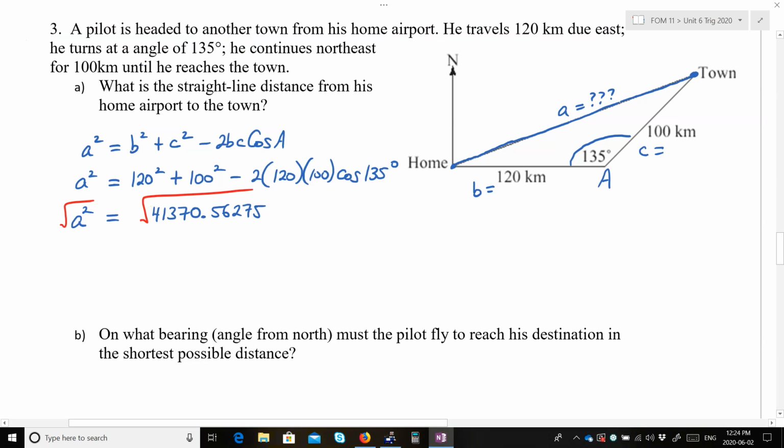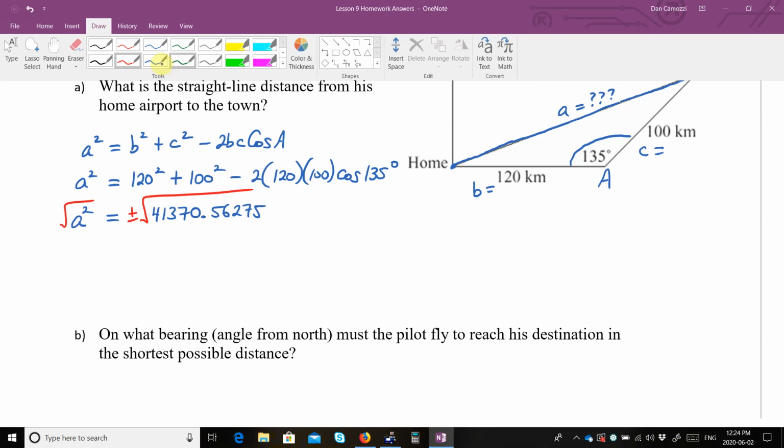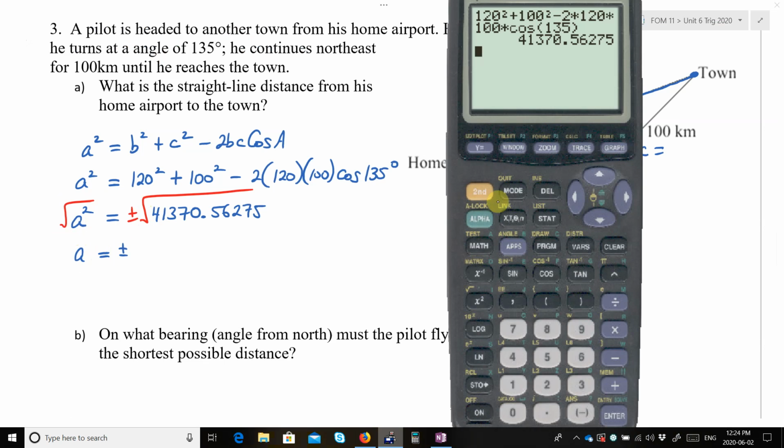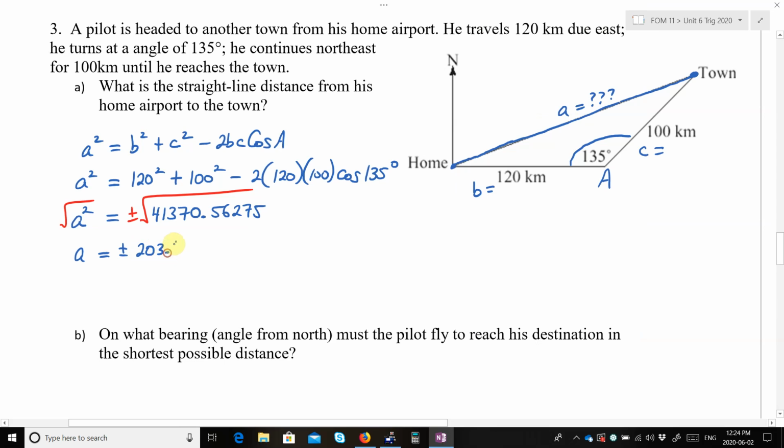So, square root, a can be plus or minus of that. Second function x squared to get the square root, and second function negative sign to put in the answer, and we get a is 203.4. So a is equal to 203.4 kilometers. Perfect. Answer key looks good.